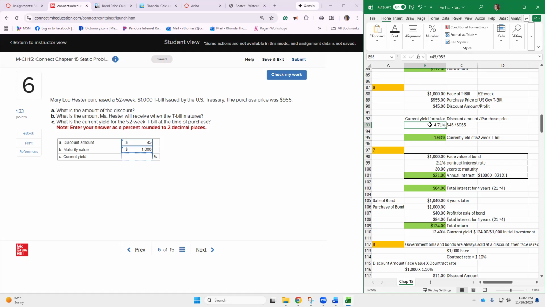So 4.71, let me just take that on out to see what else. Okay, all right. So I believe we're looking at 4.71%. Okay, so 4.71% is the current yield of that 52-week T-bill.